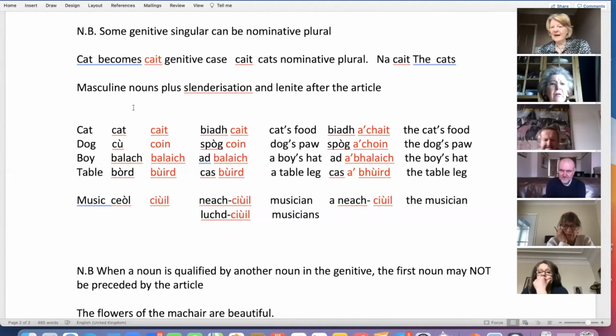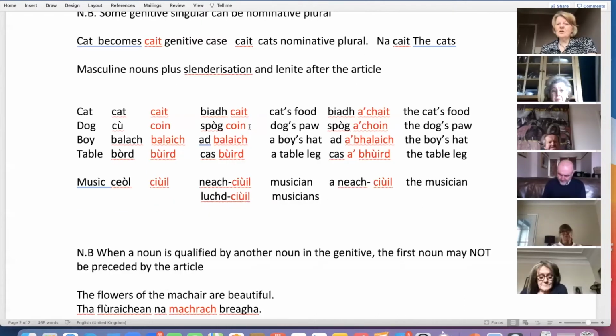So I have cats: tha cait agam. Tha cat agam, I have one cat. The cats are in the house: tha na cait anns an taigh. A cat's food is on the floor. The cat's food is on the floor: tha biadh a' chait air an làr.